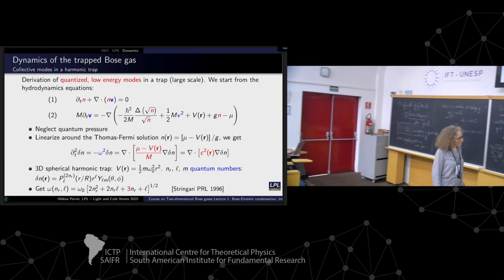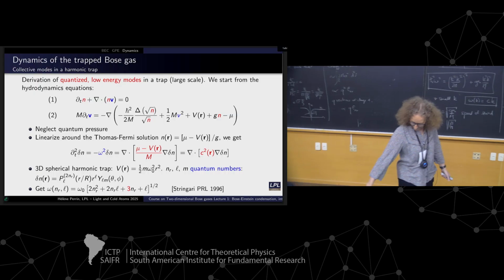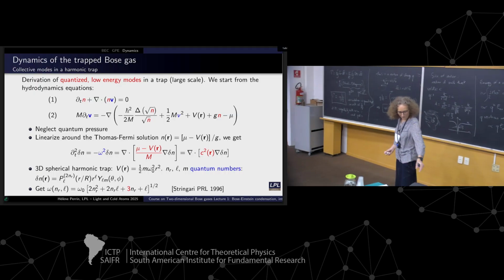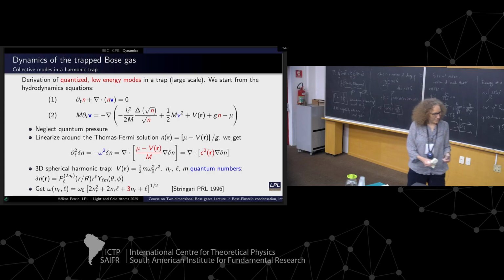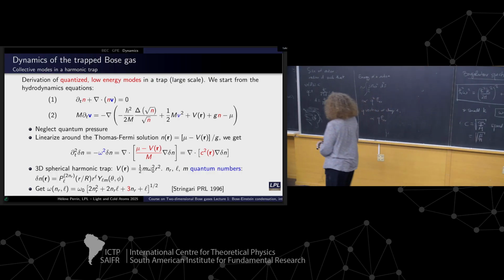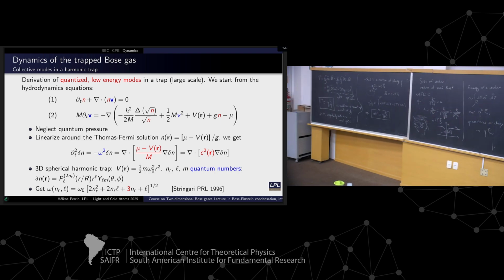So this is the last point, number 6. I'll at least write that. And this point is collective excitations in a trap. Because what we have done up to now is to look at uniform gases.